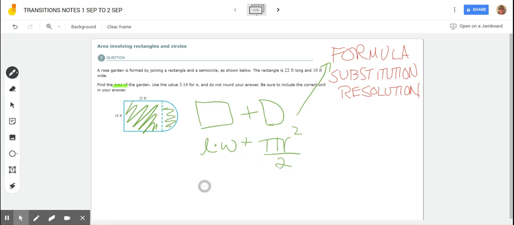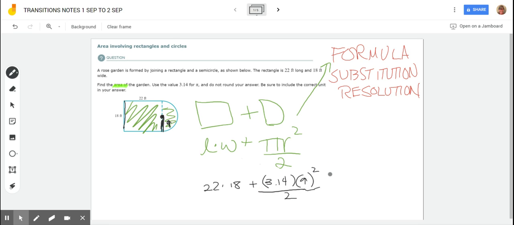So 22 times 18 plus 3.14 times the radius. Oh, wow, look, we don't have the radius, but we're smart enough to figure it out. The radius is half the circle. If the whole diameter of the circle is 18, the radius is going to be 9. So 9 squared over 2.